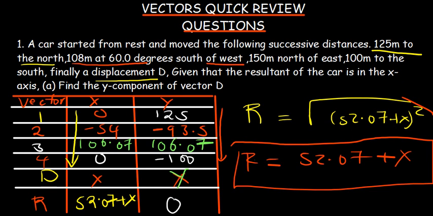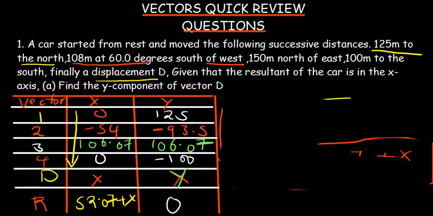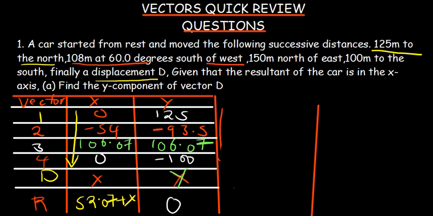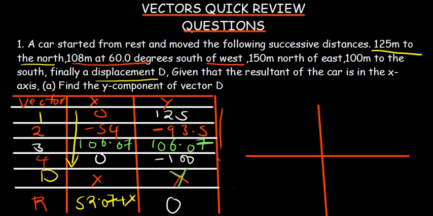So what you would want to expect is for the x component of your d, in this case, to be a value somewhere between, let me say, negative 52.07 going this side.